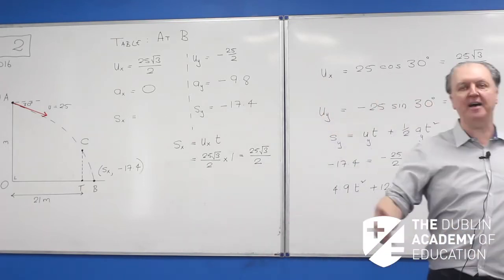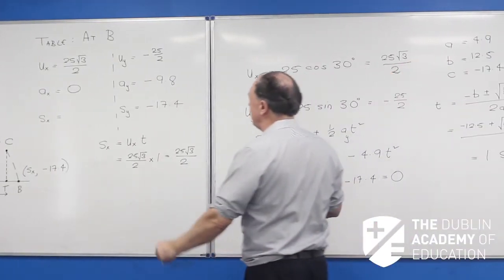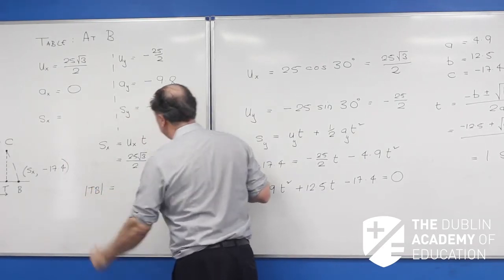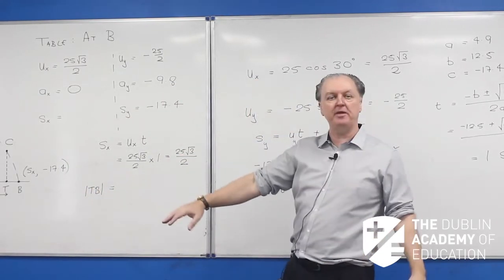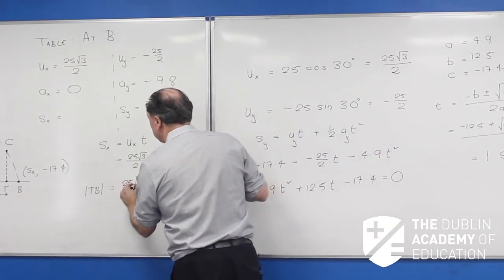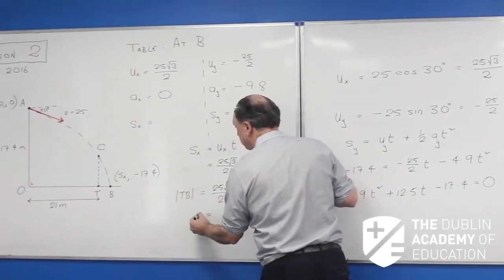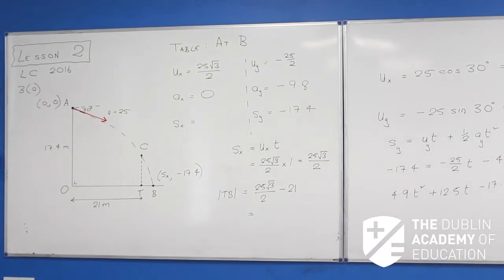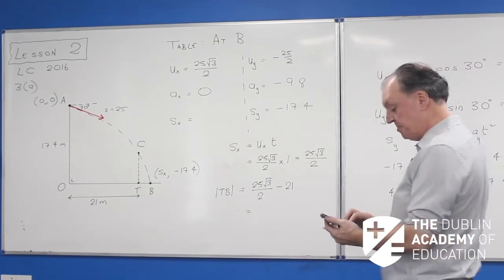And then obviously to find that distance TB, that extra distance, the entire distance from O to B is what we called SX. That's 25 root 3 on 2, and we take away the 21. That looks like a bit of a mess, so we'll probably decimalize that to 1 or 2 decimal places. They never tell you, so it's up to you what you actually do.